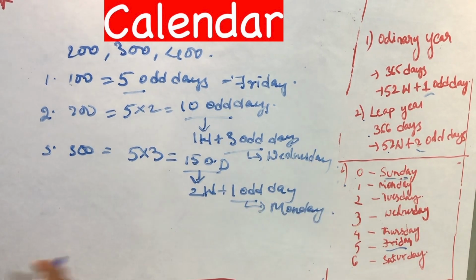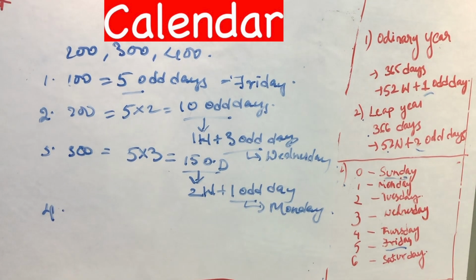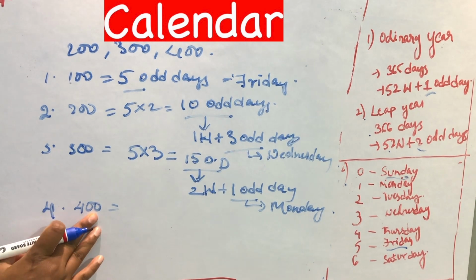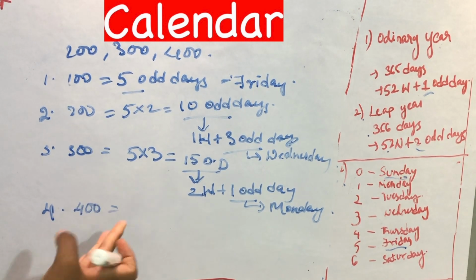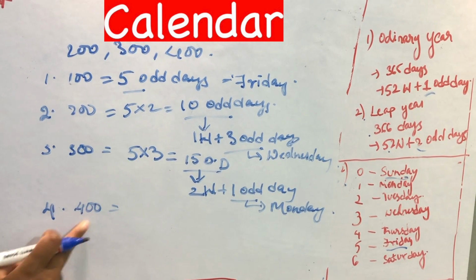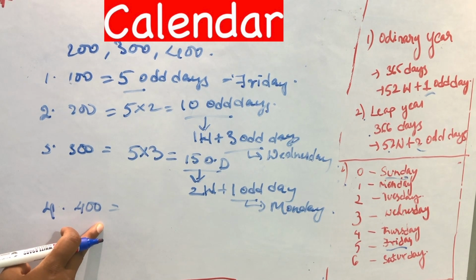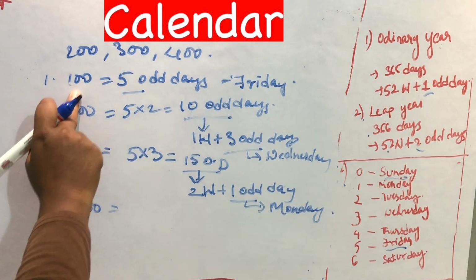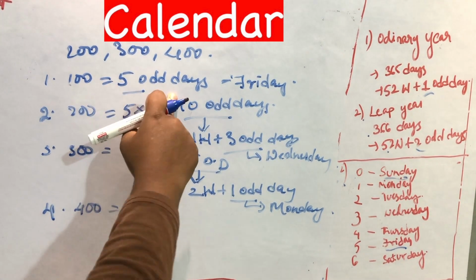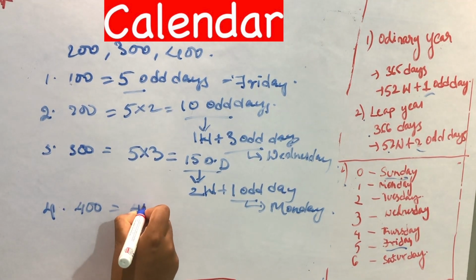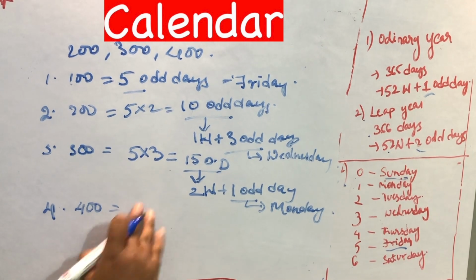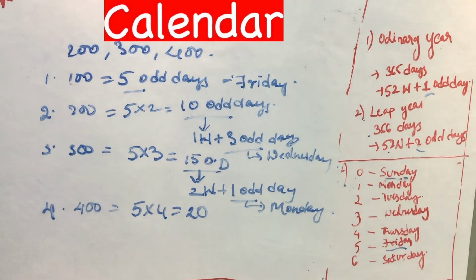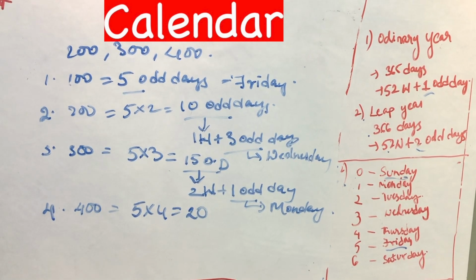Now finally the fourth one, for 400 years. See, this 400 can be divided by 400. If it is divisible by 400, then as we said, it is a leap year, right? Now let's see here. For 100 years we have 5 odd days, so for 400 years we have 20 odd days.